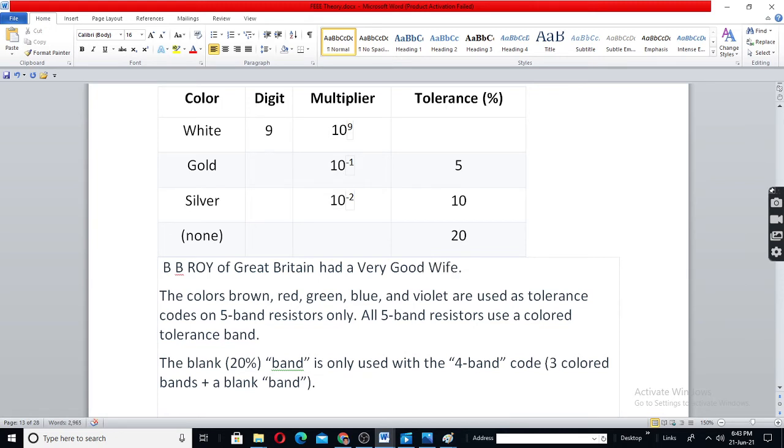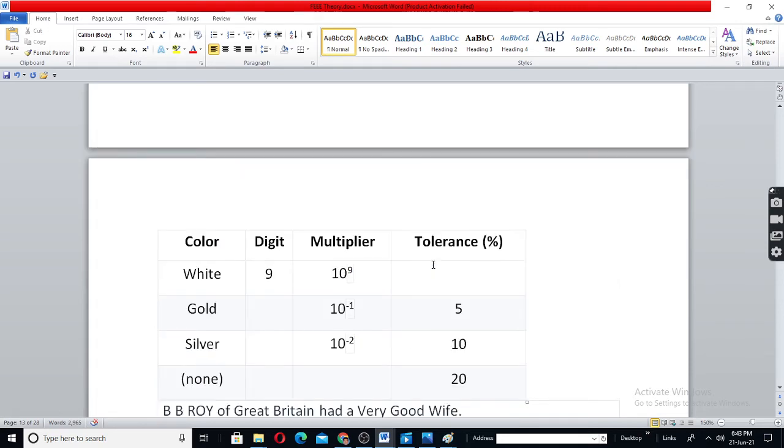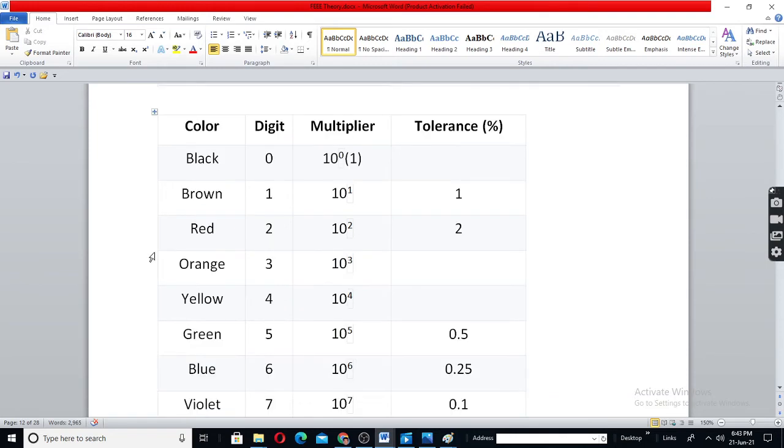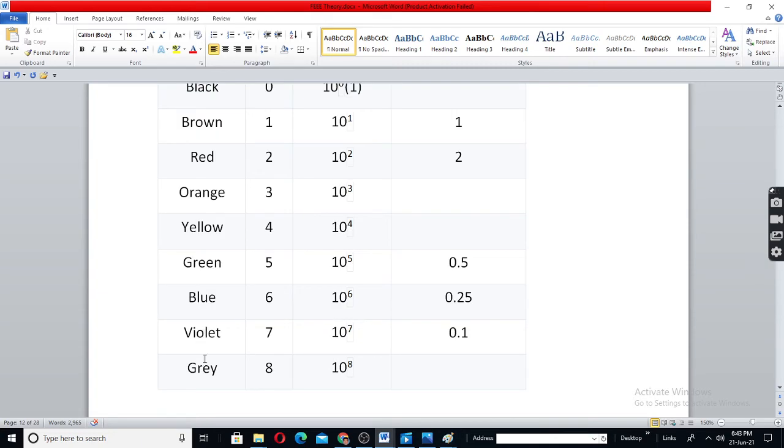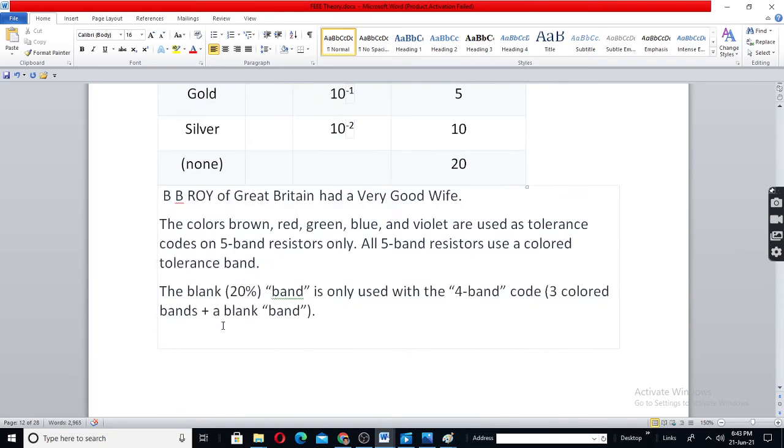Okay, remember this sentence. See, black, brown, red, orange, yellow, green, blue, violet, gray, white. See capital letters only. 0, 1, 2, 3, 4, 5, 6, 7, 8, 9.